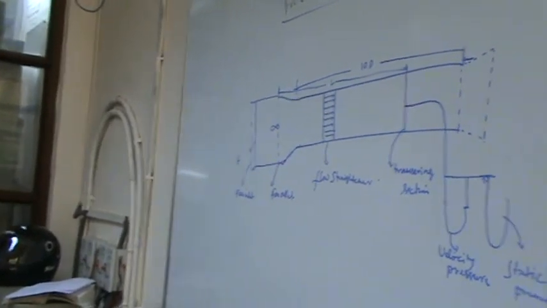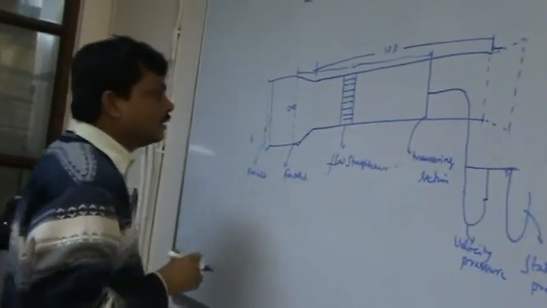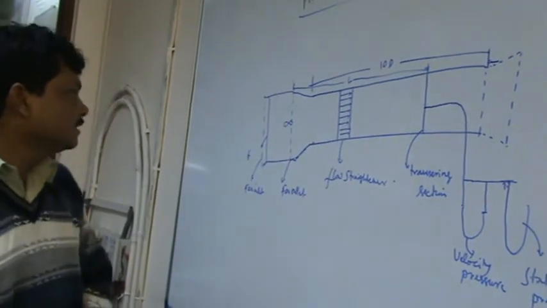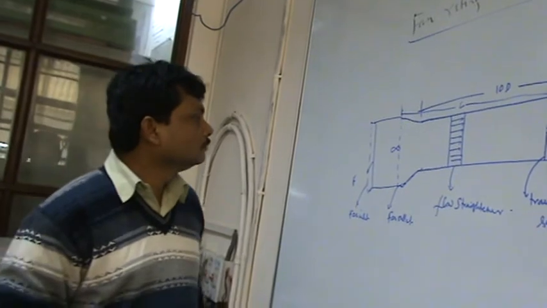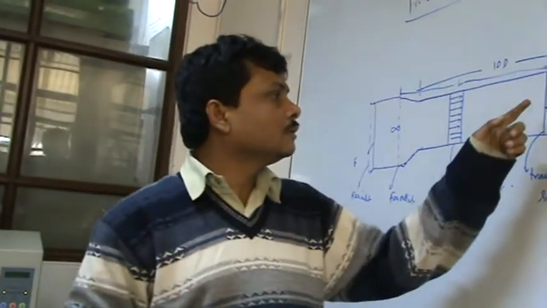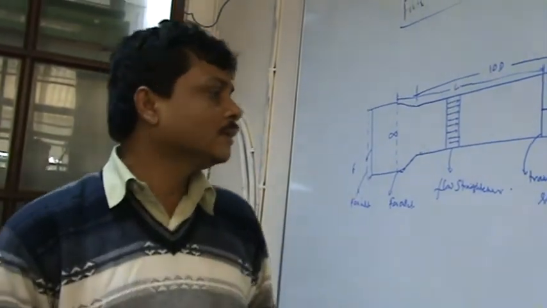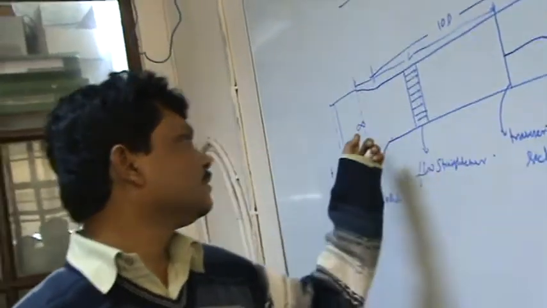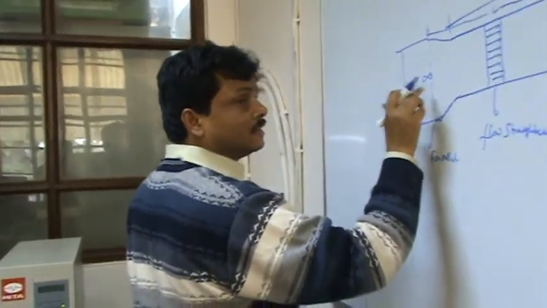Now let us find out how we can find the fan velocity pressure at the outlet. Since the area changes from the fan outlet to the duct dimension, once we measure the velocity pressure here in the traversing section, that can be transferred into the fan velocity pressure at the outlet.